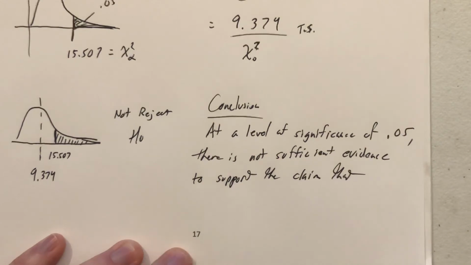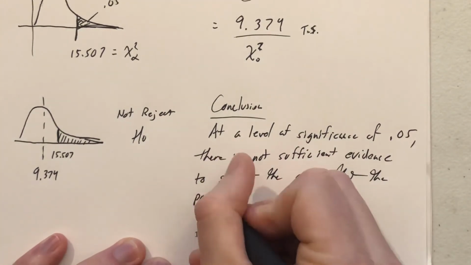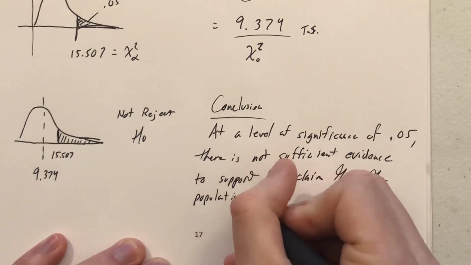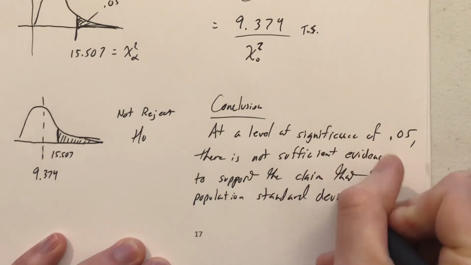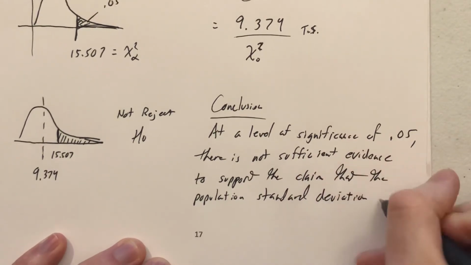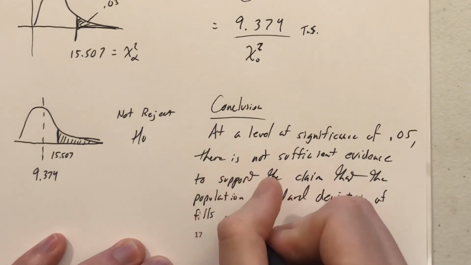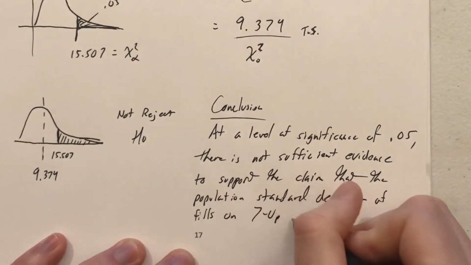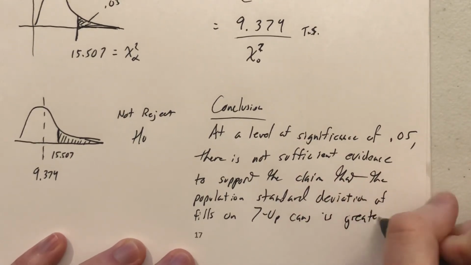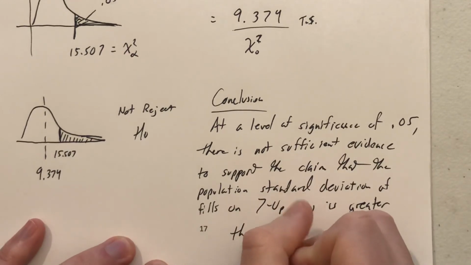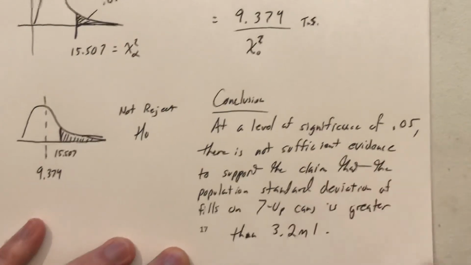And then we look at what the researcher was claiming, and that was that the population standard deviation of fills on 7-Up cans is greater than 3.2 milliliters.